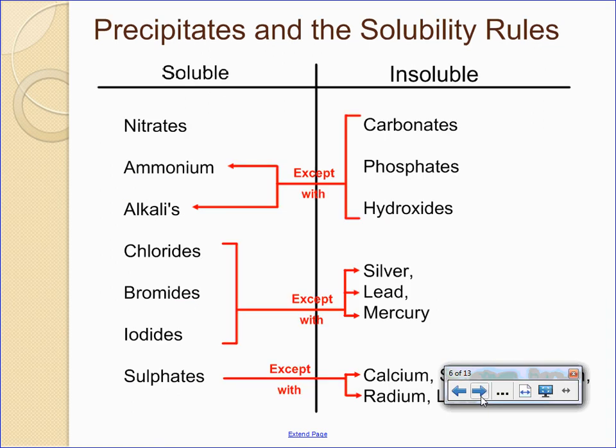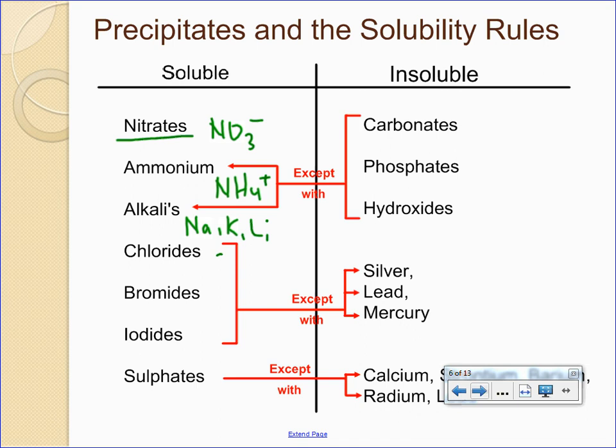Looking at our solubility rules in a chart, you should be drawing in these arrows to help organize and visualize this information. Once again, we start at the top. All of our nitrates are soluble. Ammonium and our alkali metals, they are soluble.